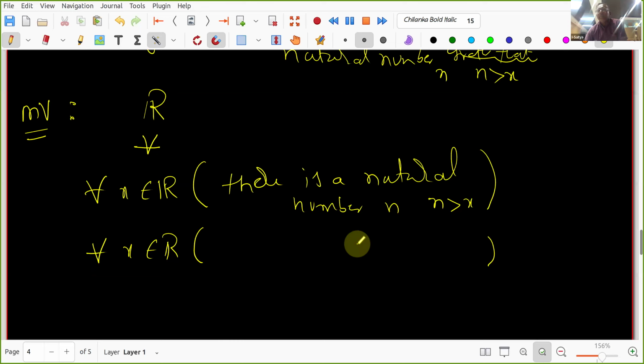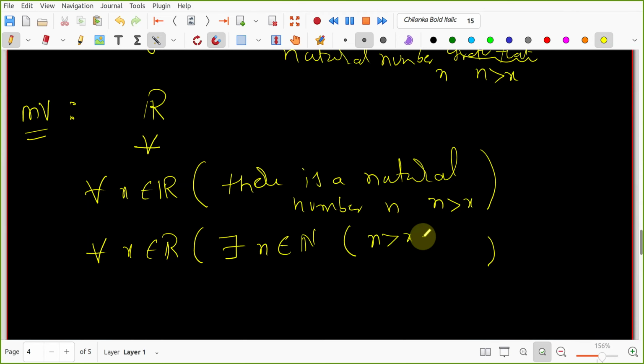Okay. Nandini Gupta. So there will exist an n in capital N, there exists small n belongs to capital N, such that n is greater than x. Two brackets, right? Do all of you understand this? Given any real number, look at how you read it.